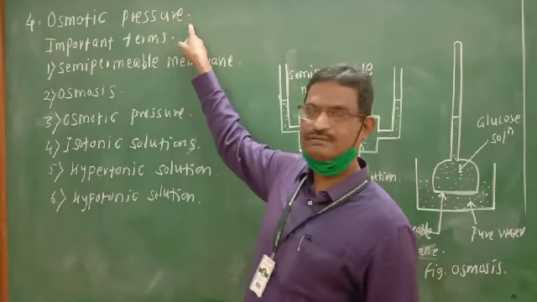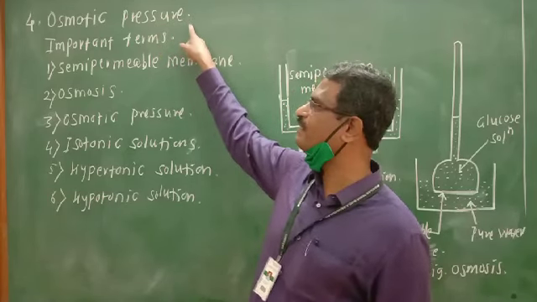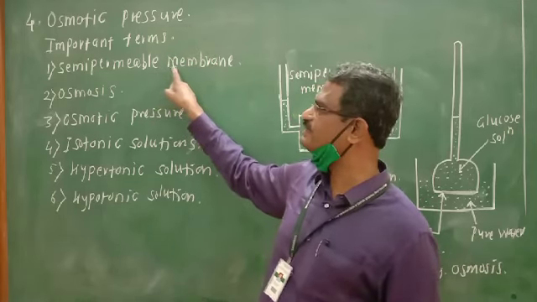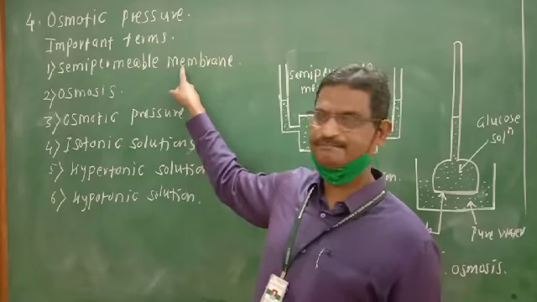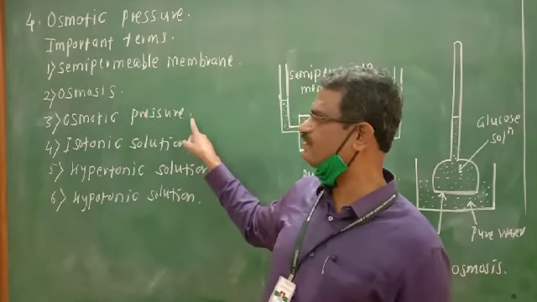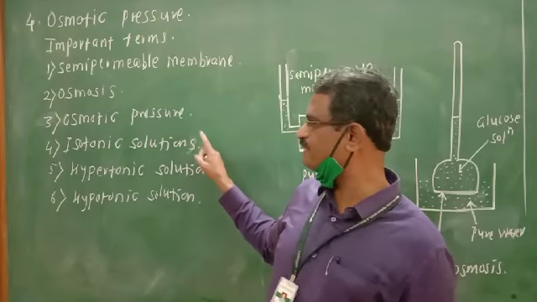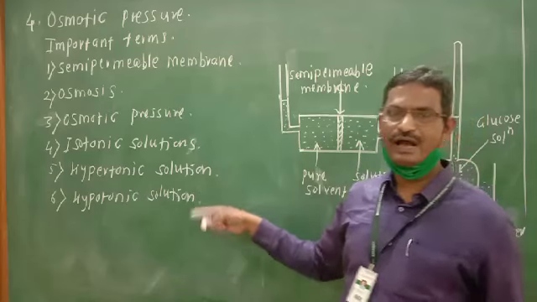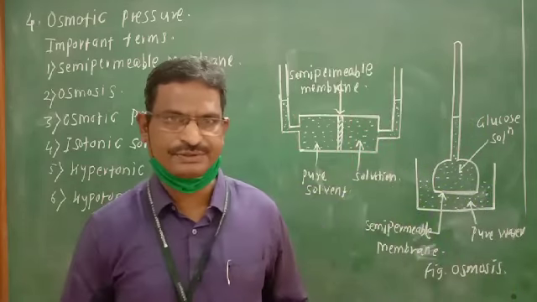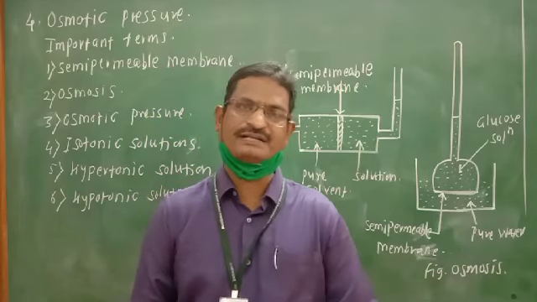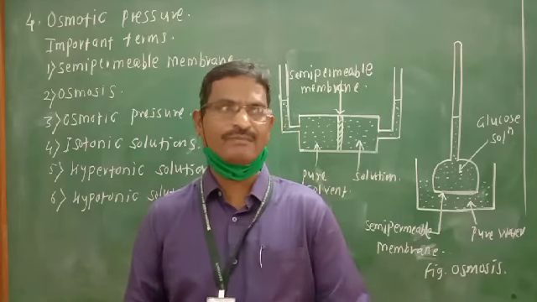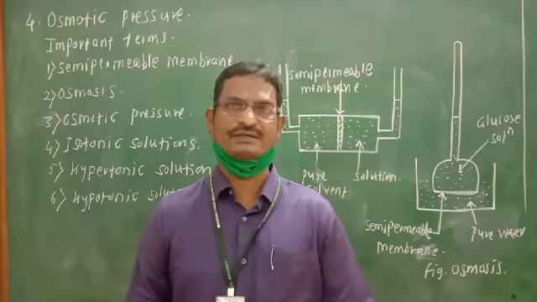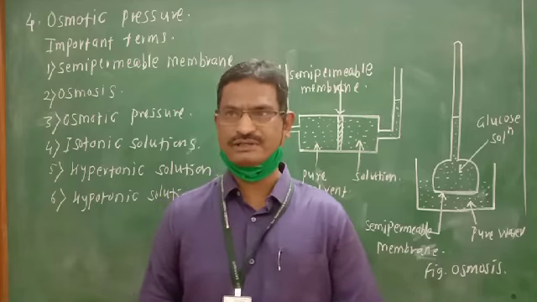In this osmotic pressure, as the fourth colligative property, the important points we have to study are: what is meant by semi-permeable membrane, what is osmosis, what is osmotic pressure, what is meant by isotonic solution, hypertonic solution, hypotonic solution, and finally certain laws known as Van't Hoff's Boyle's law and Van't Hoff's Charles's law for determination of molar mass of a non-volatile non-electrolyte solute, and then reverse osmosis and the use of reverse osmosis.